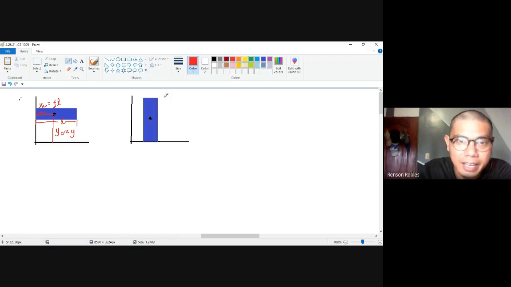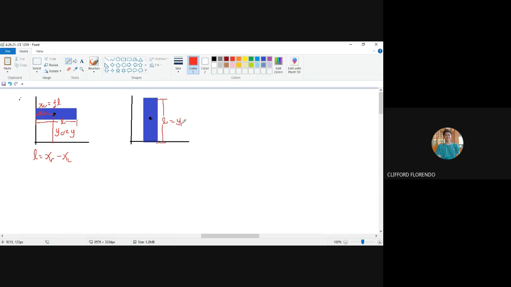This is our L. Here, L is x right minus x left, and here, L is y upper minus y lower.